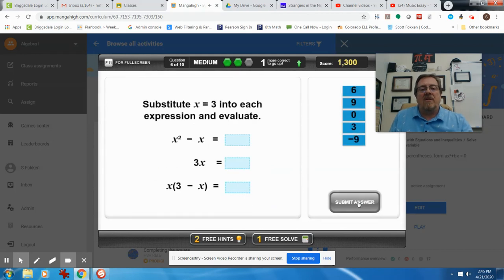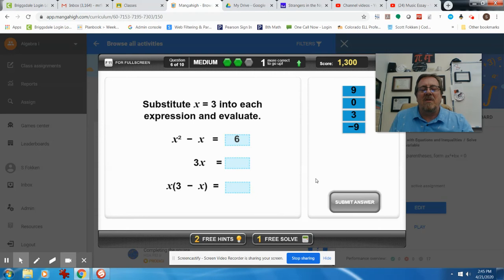Substitute x equals 3 into each expression and evaluate. Well, if you say so. If 3 squared is 9 minus 3 is going to give us 6.